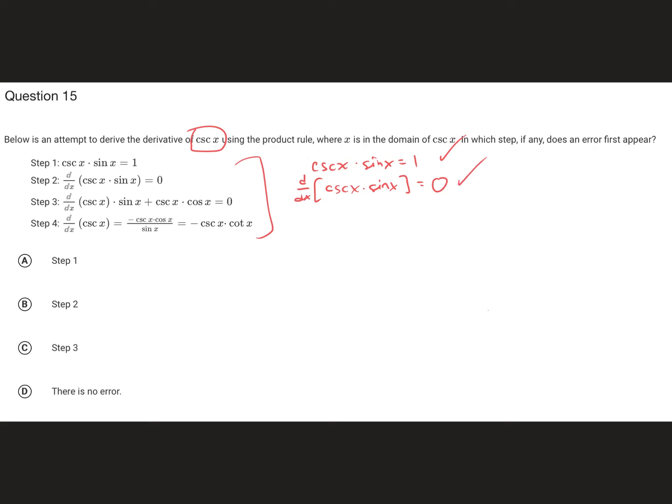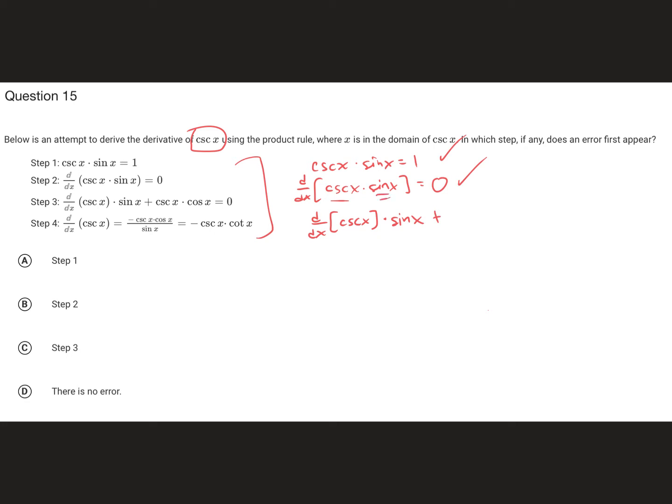Now, the next step asks us to take the derivative of the product without actually taking the derivative of cosecant, because remember, we're acting as if we don't know what that is. So here we go, product rule. Product rule says you take the derivative of the first thing times the second function plus the derivative of the second function.